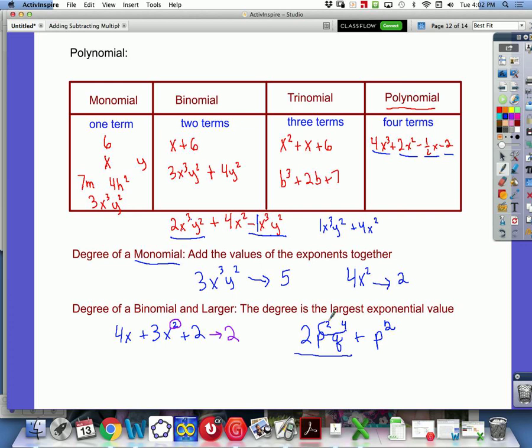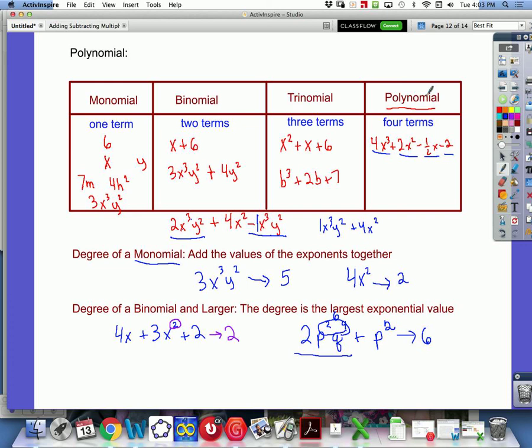This one, according to our last rule, is a 6, and this one is only a 2. So even though it looks like a 2, a 4, and a 2, this monomial has a degree of 6, and since that's bigger than 2, the entire thing has a degree of 6. So if they continue to throw those monomials at you, make sure you remember to add them before you compare.